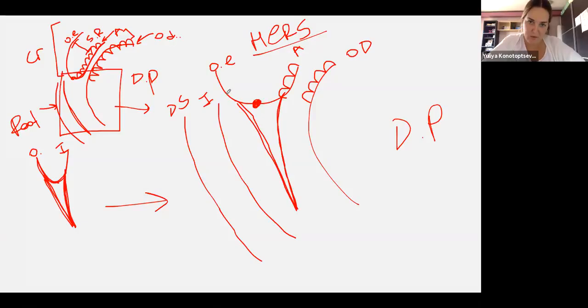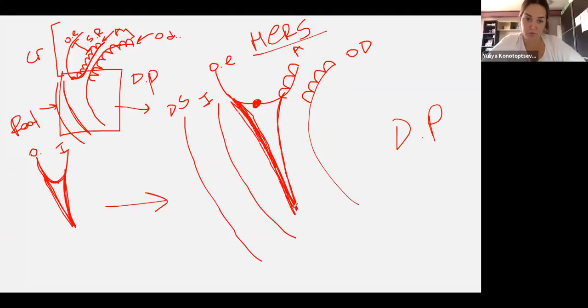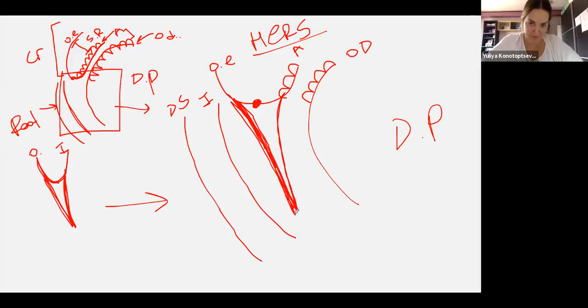So could you tell me, which layer is this of the HERS? The outer enamel epithelium, very good. And this is the place where which cells could be? Ameloblasts, because this is the inner enamel epithelium.